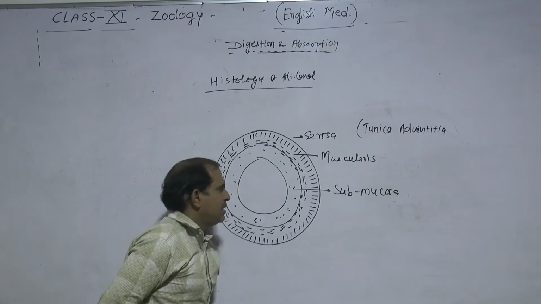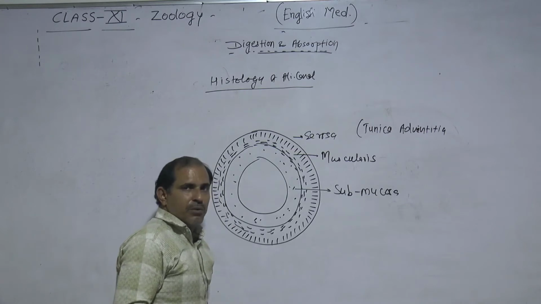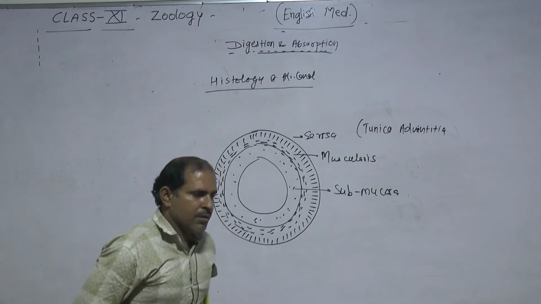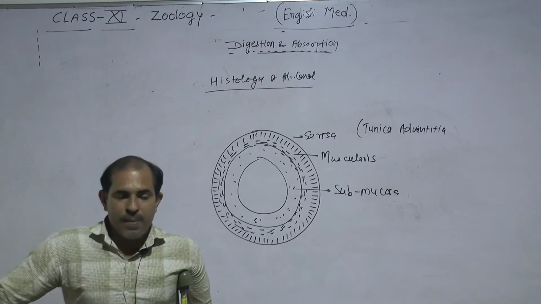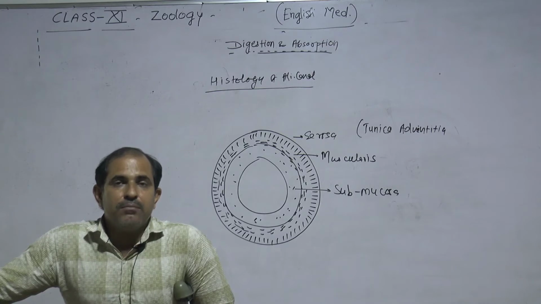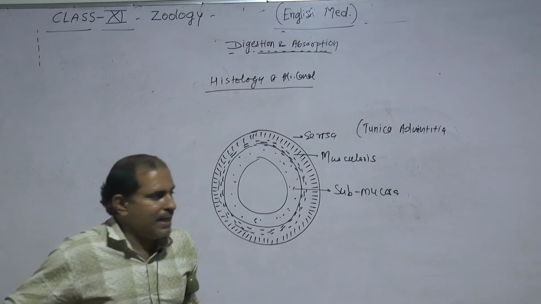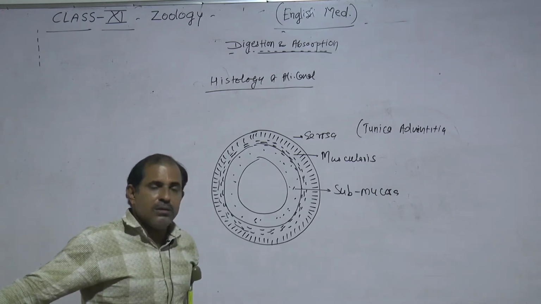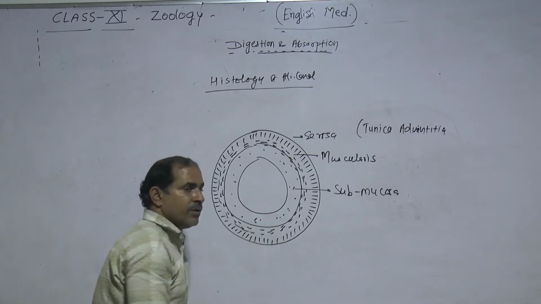In the submucosa of the duodenum, Brunner's glands are present. If the question arises where Brunner's glands are present, they are present in the submucosa of the duodenum, a specific type of intestinal gland.